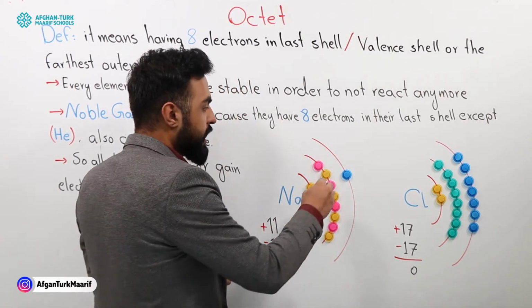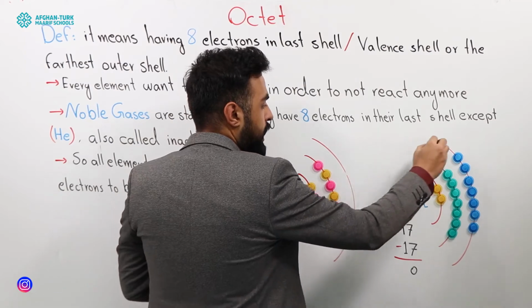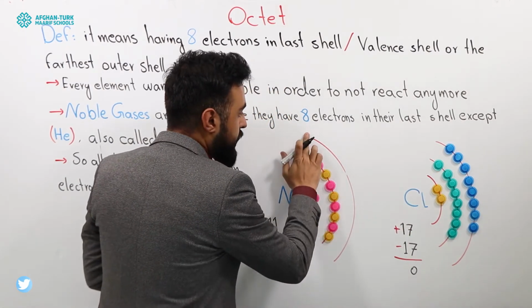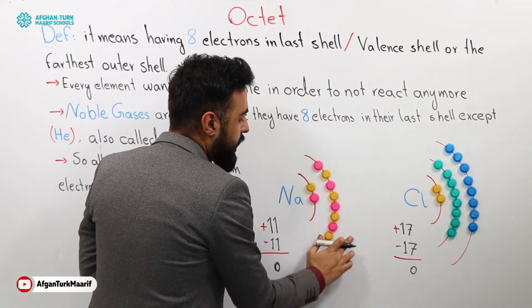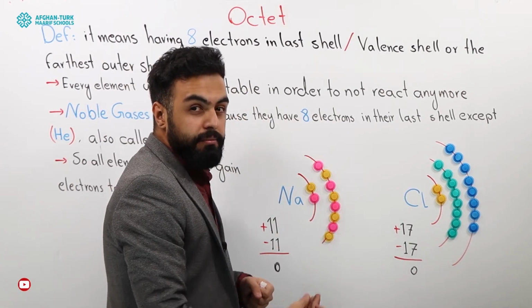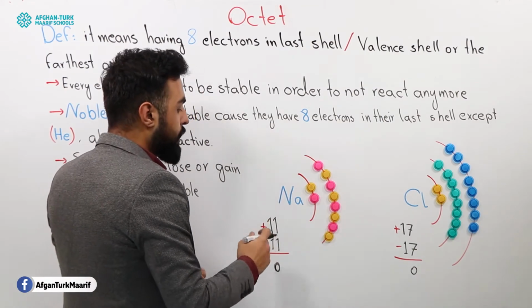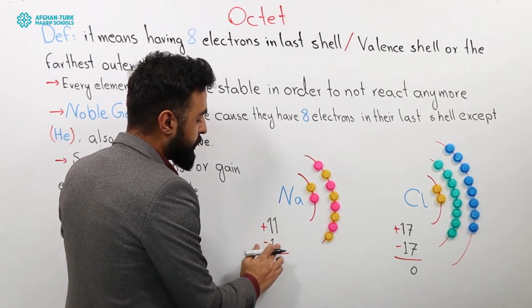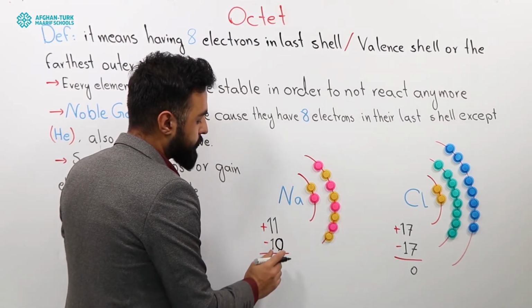How? Sodium loses 1 electron and the chlorine gains that one electron. So it loses the last shell and the second shell becomes the last shell. So now it has the same 11 protons, but now it has 10 electrons.